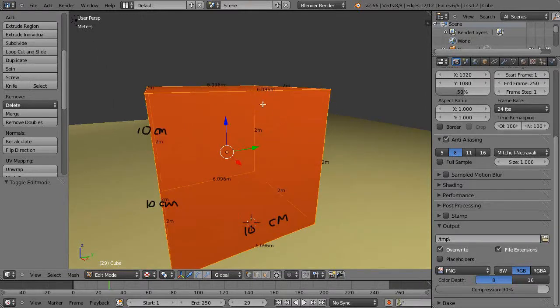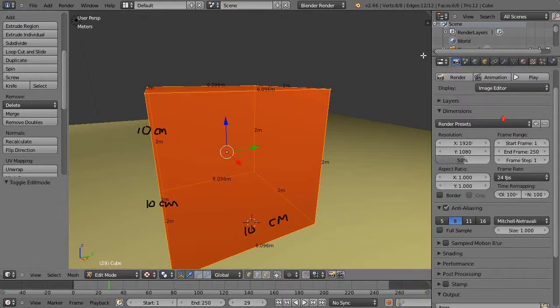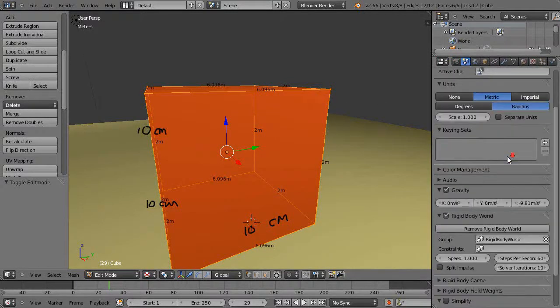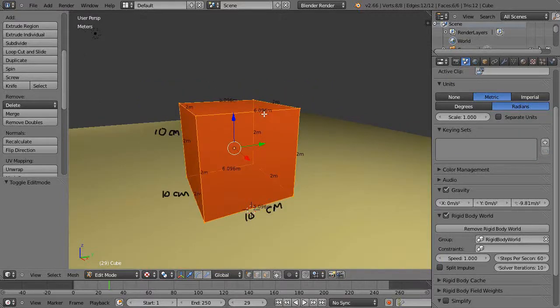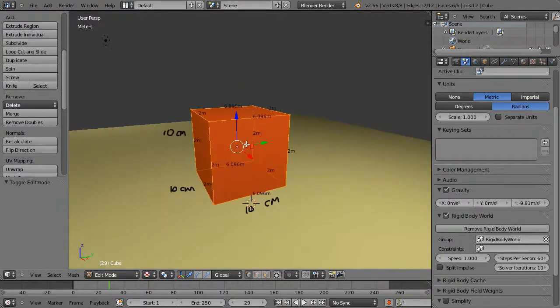But of course, since I am working in the metric system that I've shown before, using radians and metric, it's showing that the size of my cube is wrong here. So the way to work is to make sure you use the right size cube.